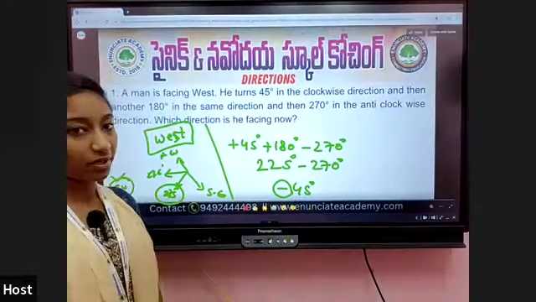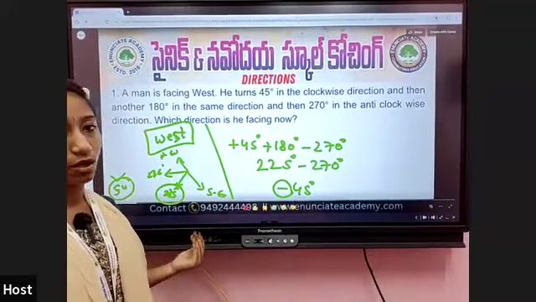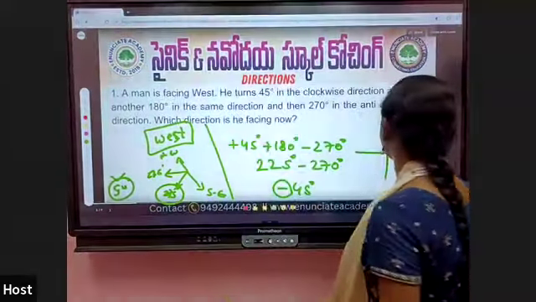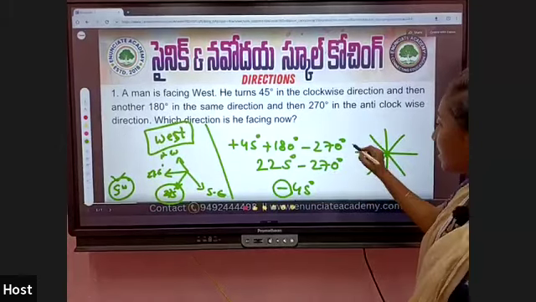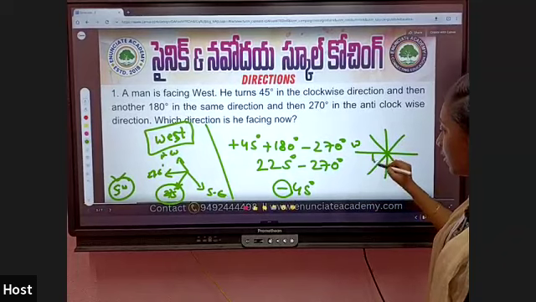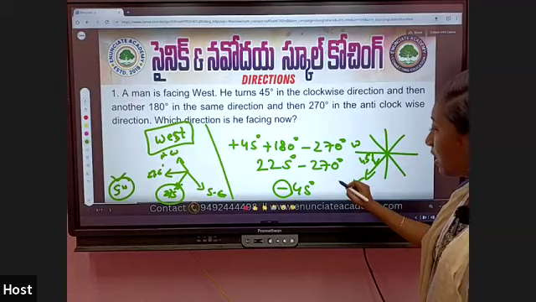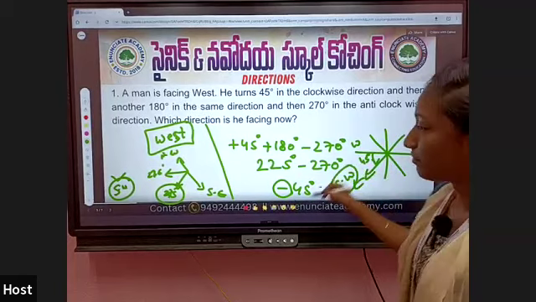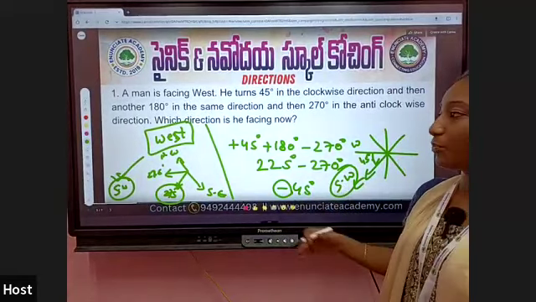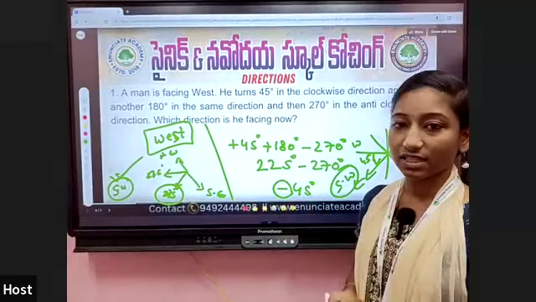So minus 45 means we should travel 45 degrees in the anti-clockwise. So we are facing west, 45 degrees in the anti-clockwise, this is the 45 degrees. Anti-clockwise means which direction? South, west. The answer is southwest. So these are the two processes we can use to solve the direction angle sums.